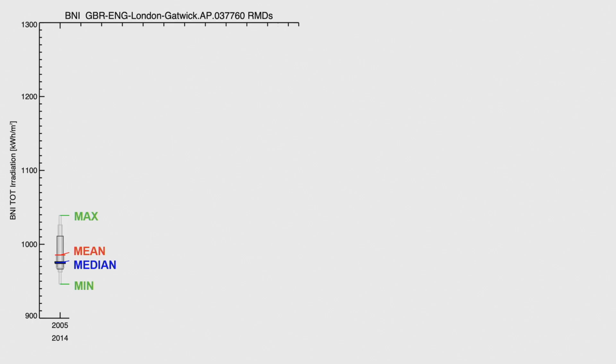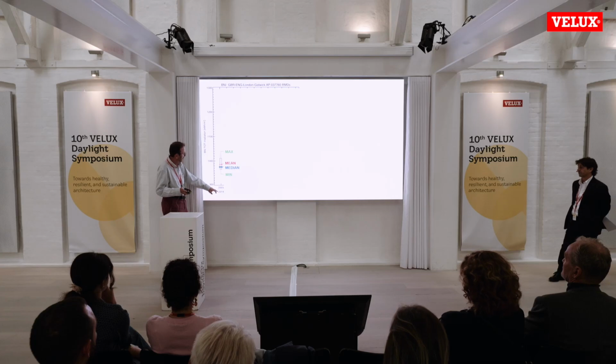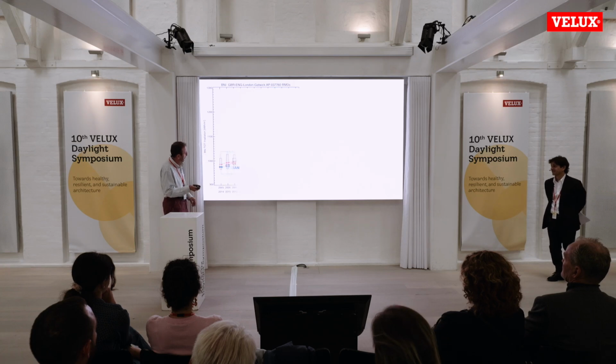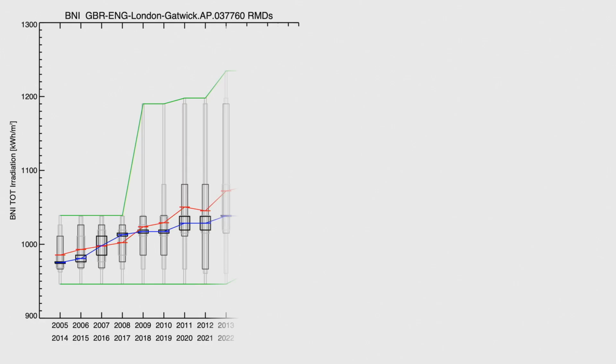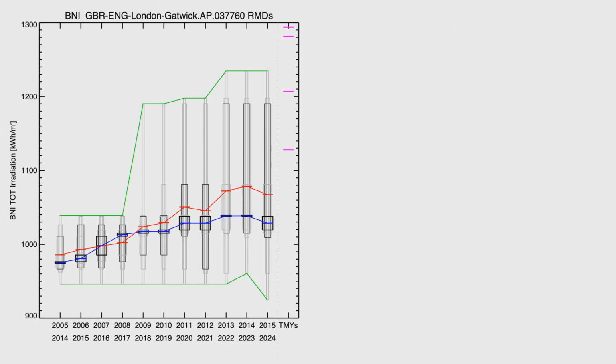So this is 10 years now of max, min, mean and median for 2005 to 2014 for beam normal. This is for Gatwick again. And this is how those change from 2005 to 14 to 2015 to 24, the most recent. No one else has seen this one before. This is its first outing here.